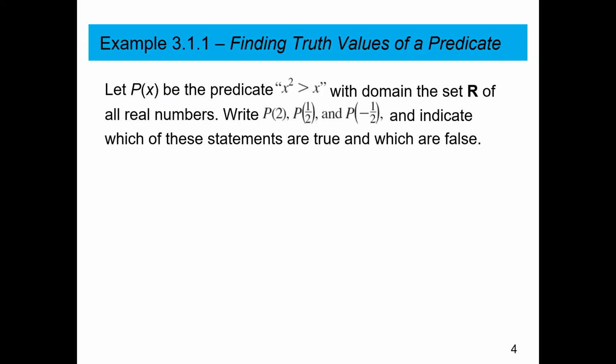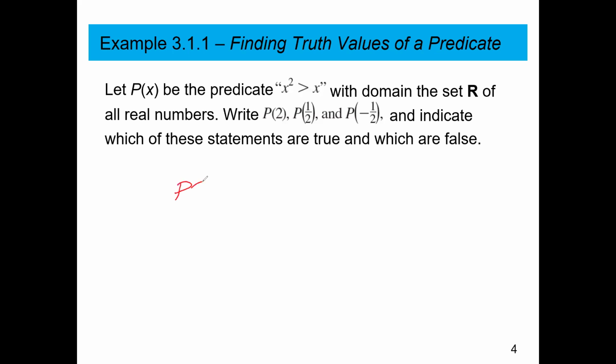So let's consider this one. P of x is the predicate x squared is bigger than x. And this is for all real numbers. So for this P of x, I'm going to take a value like P of 2. What does P of 2 really mean?